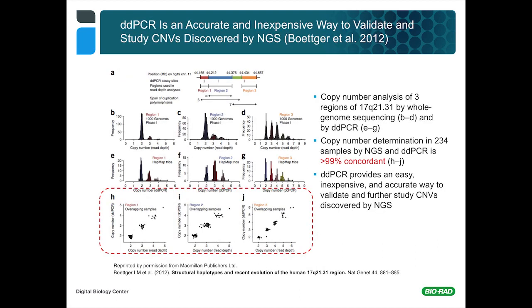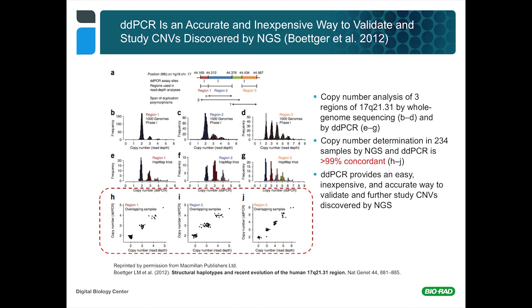So what they've done is looked at several hundreds of samples from the 1,000 Genomes Project and very rigorously assessed copy number states of various regions within that. And this next slide shows you in the upper part a little map of that region. And within that megabase, as I said, there are 3 regions for which they've made TaqMan assays that can actually enumerate that in Droplet Digital PCR.